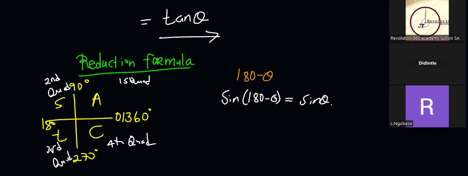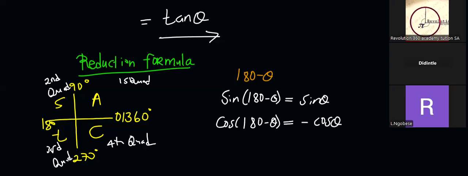Then the next one is cos, because the one for sine we did just now. You're going to have cos of 180 minus theta. It's in the second quadrant, and in the second quadrant cos is negative, so that will be negative cos theta. Please write them the way I'm writing them so that you'll be able to understand them.